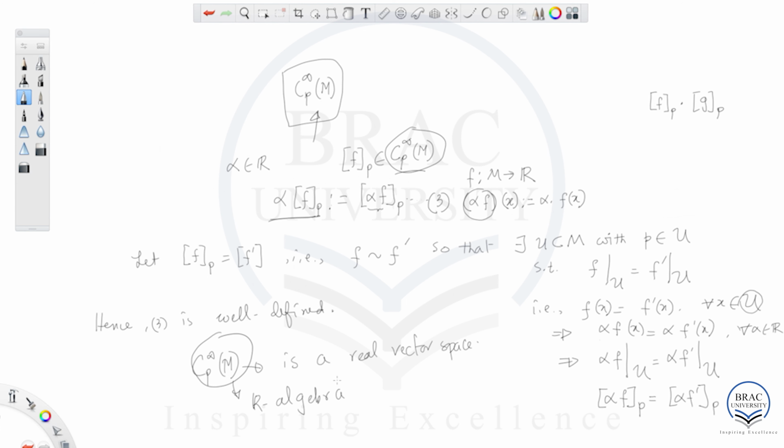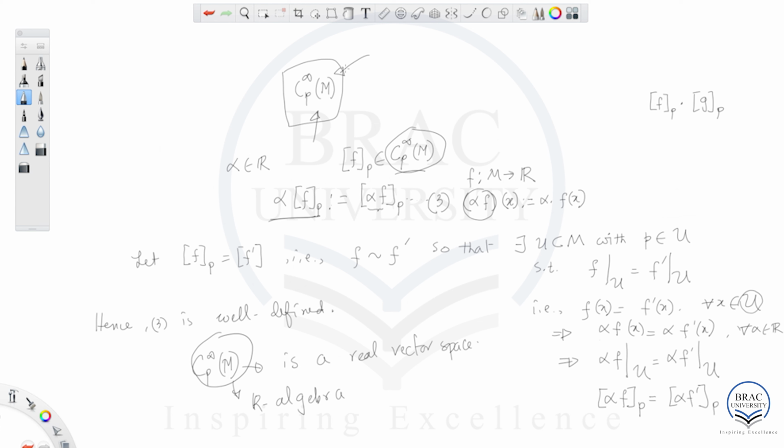So this is how we find various algebraic structures in this set of equivalence classes of smooth functions defined at P in M.